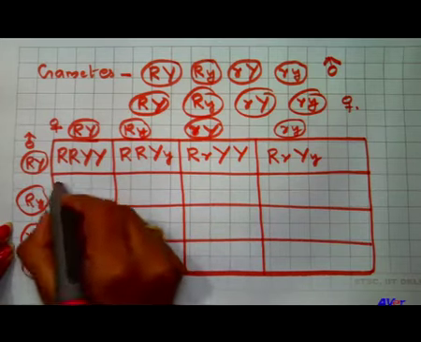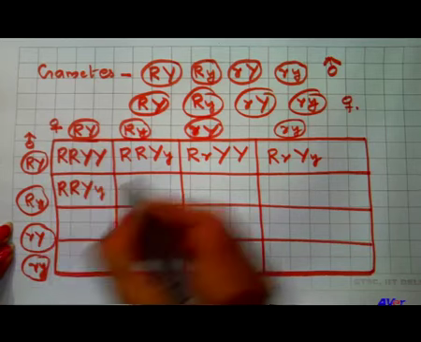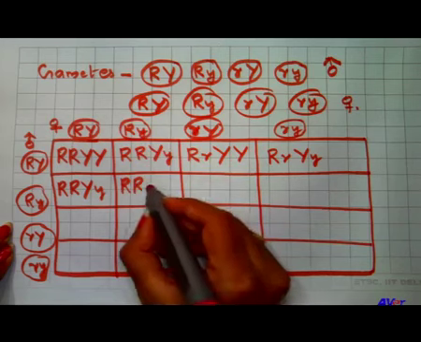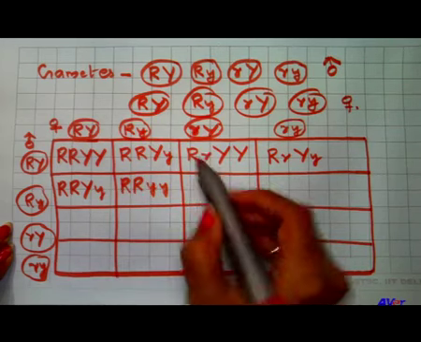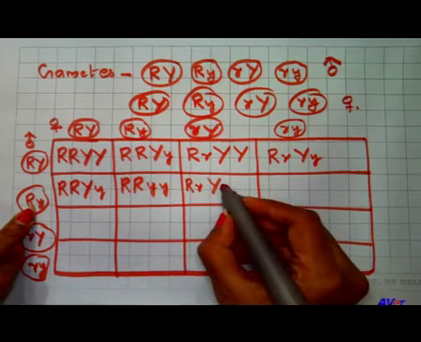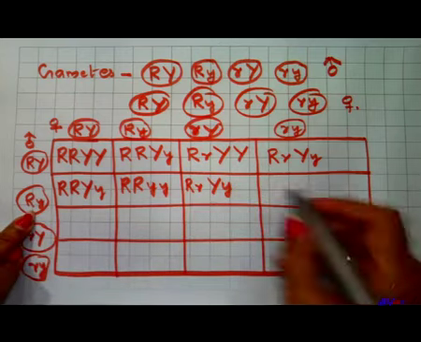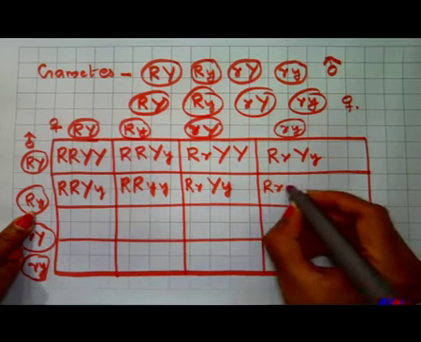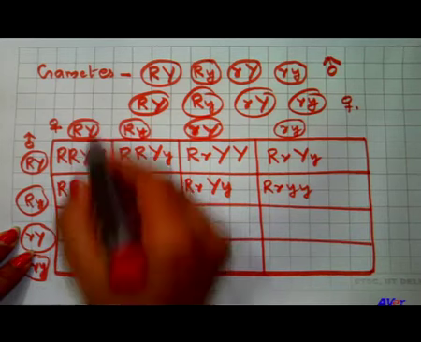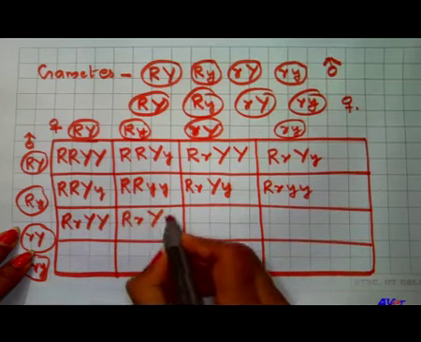Now, here it is capital R, capital Y and small y. This capital R and both are small y. Here it is capital R small r, capital Y small y. This is capital R and small y, small y. Capital R, small r, capital Y, again capital Y. Capital R, small r, capital Y, small y.